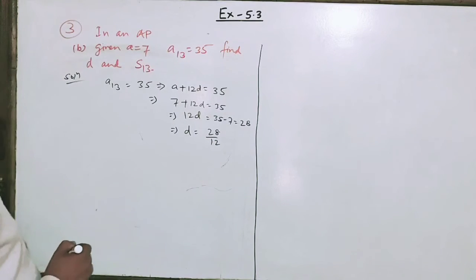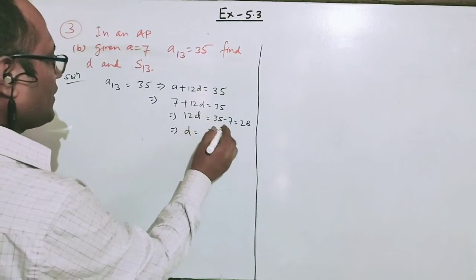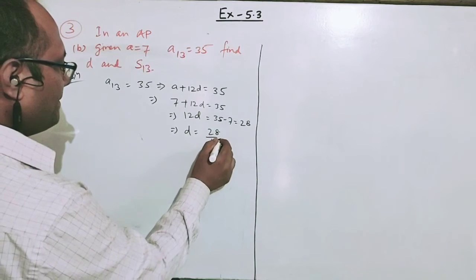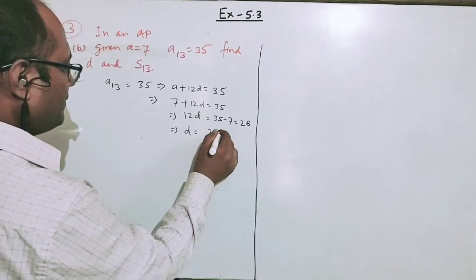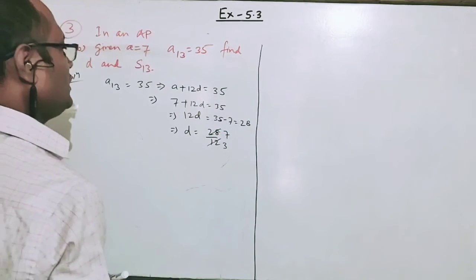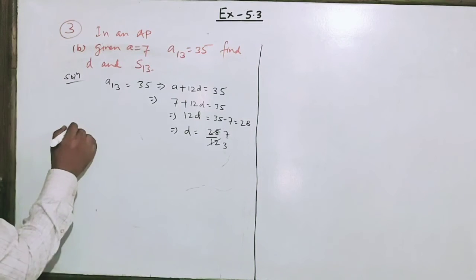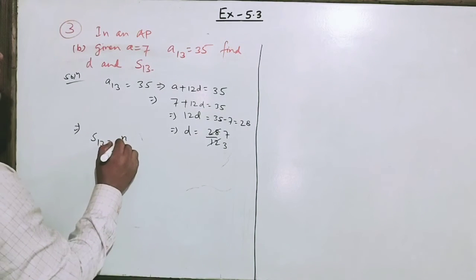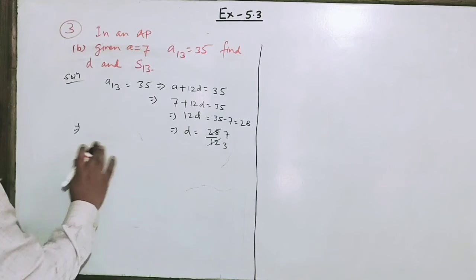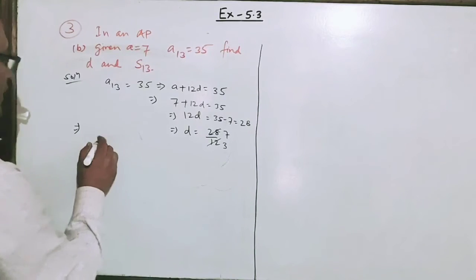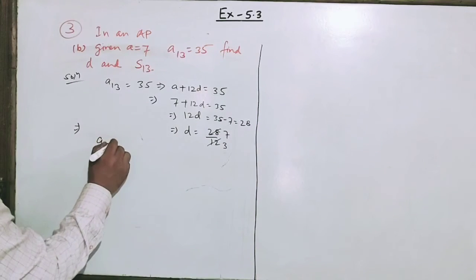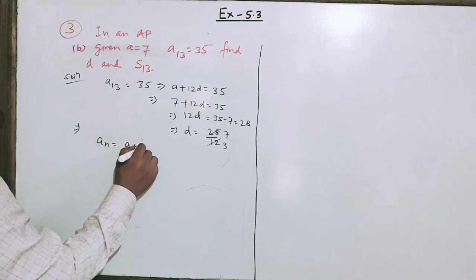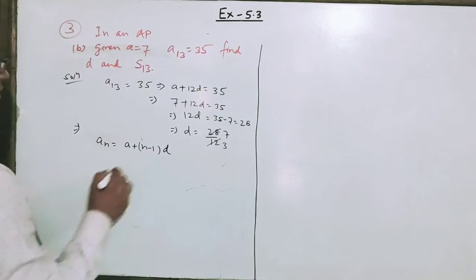So d equals 28 by 12. It will be 7 by 3. So d equals 7 upon 3. So you can find out S13. Before S13 you have to find out n. For n, the formula will be an equals a plus (n minus 1) into d.